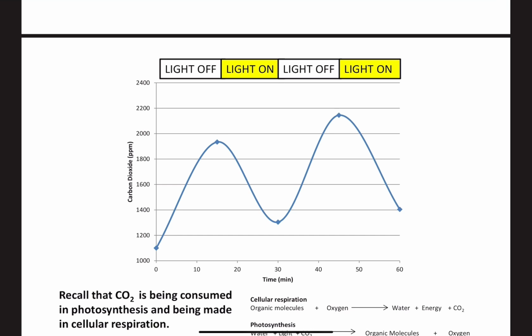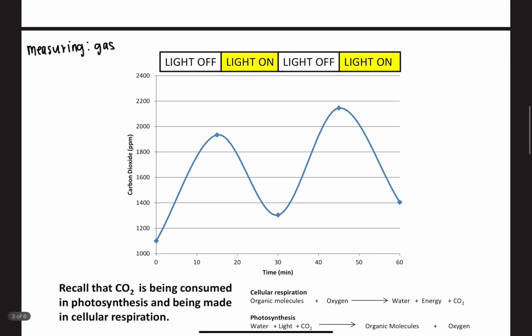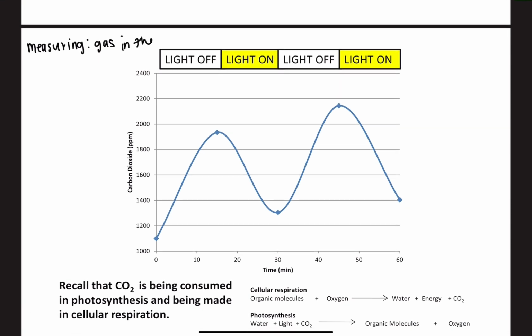During this experiment, what we were measuring was gas consumed. I'm sorry, not gas consumed, the release of carbon dioxide, which is a gas. So we were measuring the release of carbon dioxide.